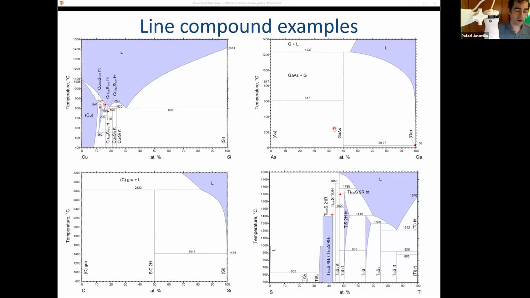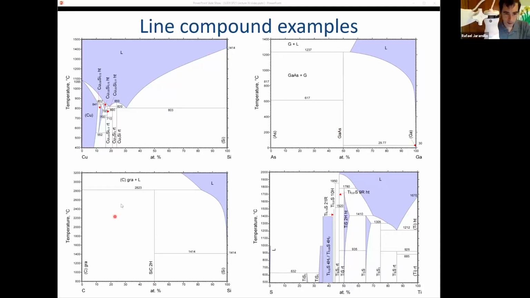Fiber optics are ways of transmitting a lot of information over long distances at low power by using light instead of electrons. And at the point where the light and electrons are transduced, you have gallium arsenide and similar material-based chips doing the work. So that's an important and famous line compound.